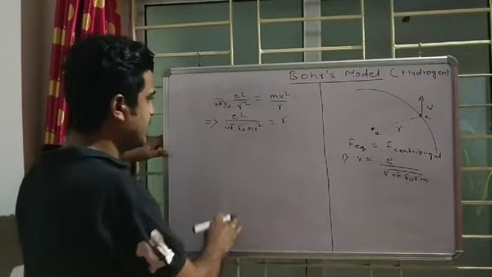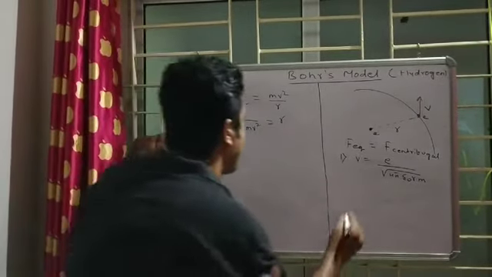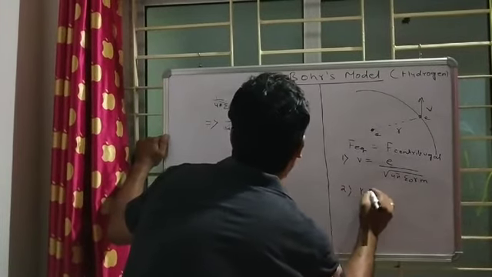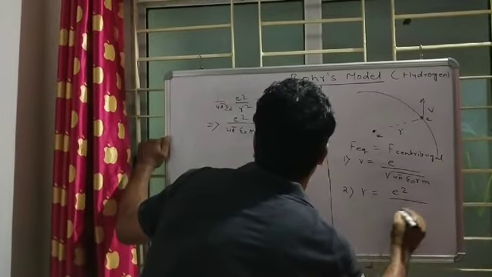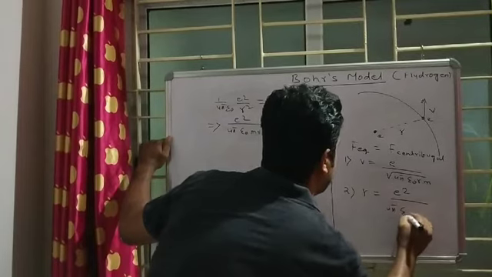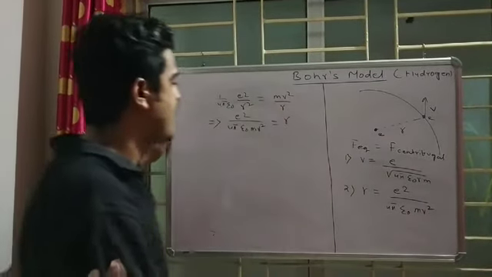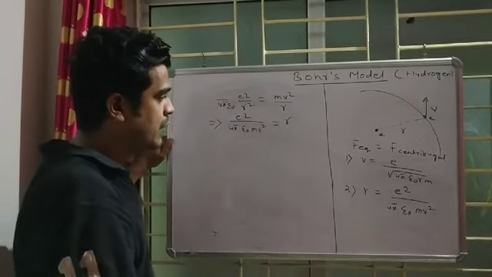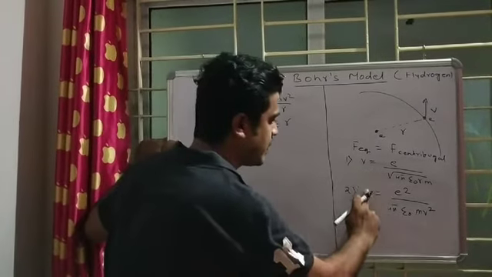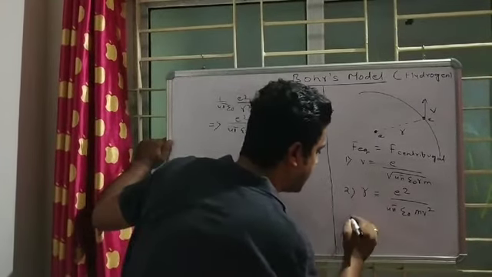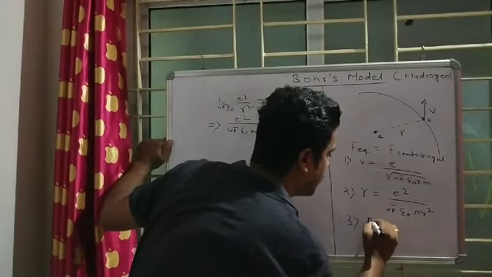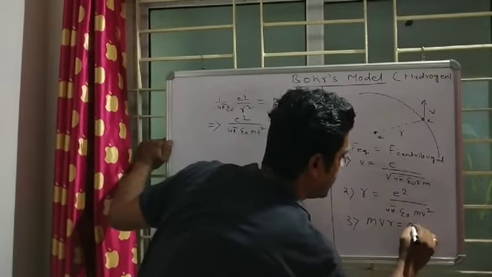So r equal to e square upon 4 pi epsilon 0 mv square. So I got two expressions, one for velocity, one for radius. And number 3, I have to use angular momentum equal to nh by 2 pi.